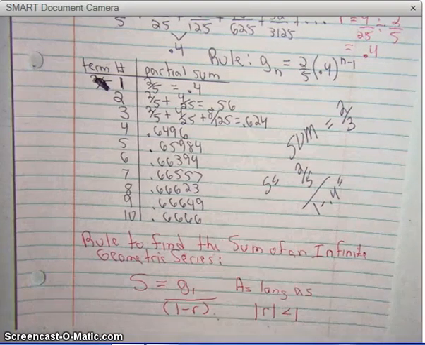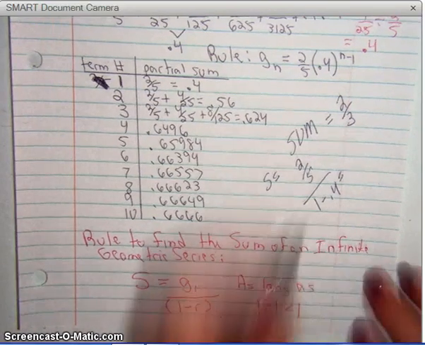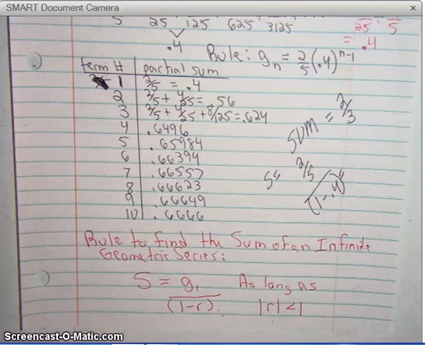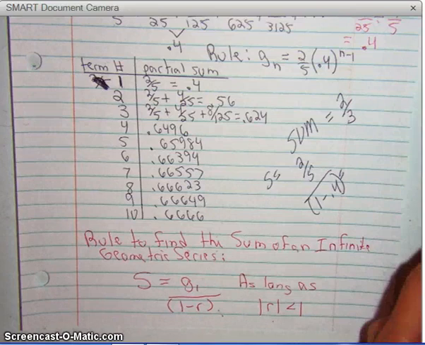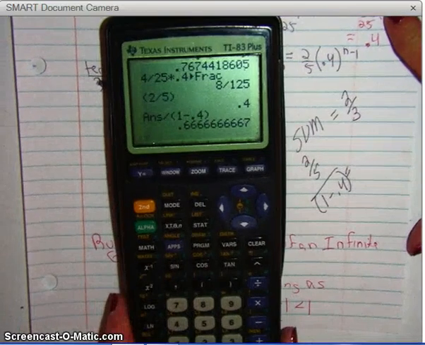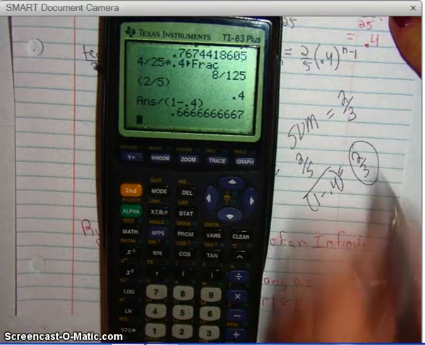I would hit 2/5, then divided by, and the 1 minus 0.4 has to be in parentheses. Did it come out to be 0.6 repeating? It should. Be careful how you punch it.